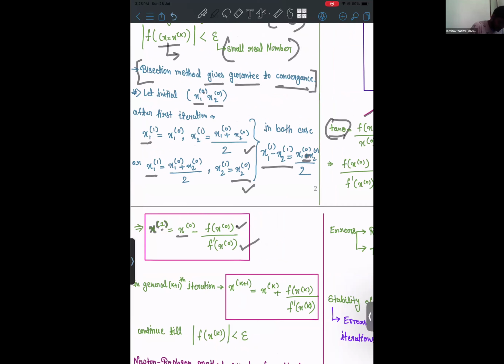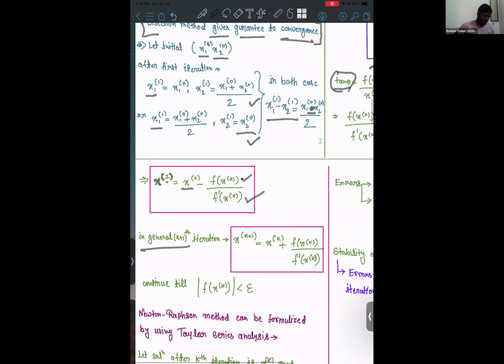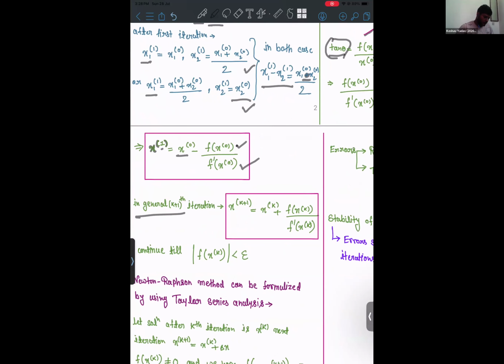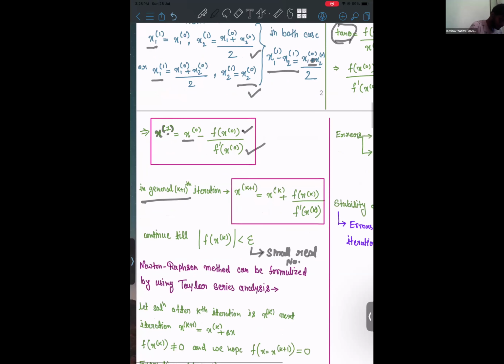So in general, at the k plus 1th iteration, x at k plus 1 will be equal to x at k minus f of x at k divided by f prime at x at k. Again, we need some stopping criterion. The stopping criterion will be that the difference in x at some kth iteration should be less than epsilon, where epsilon is some small real number.